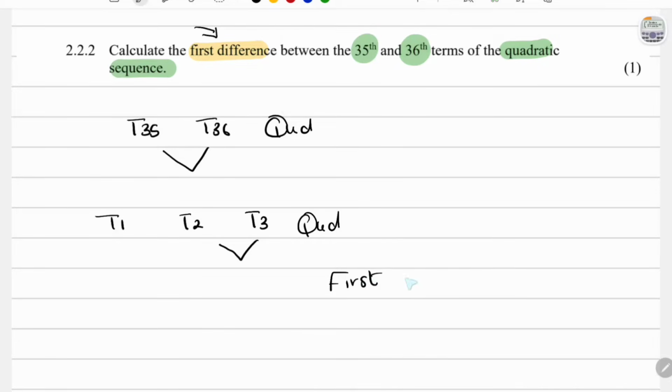Well, if you say term 2 minus term 1, you'll get term 1 of your first difference. And if you say term 3 minus term 2, you'll get term 2 of your first difference. So the term between term 3 and term 2 in your quadratic pattern will be term 2.